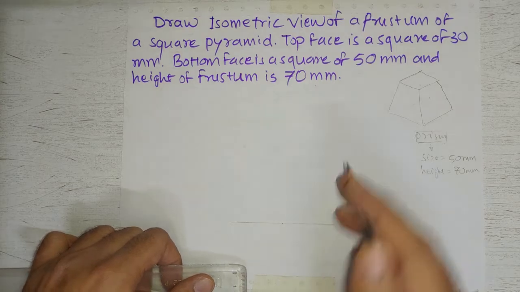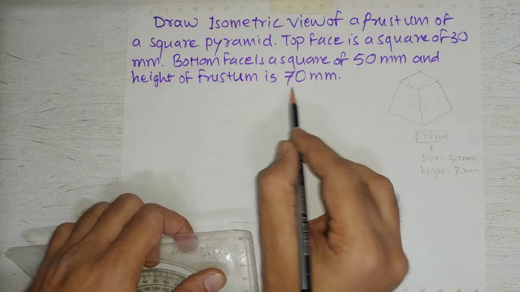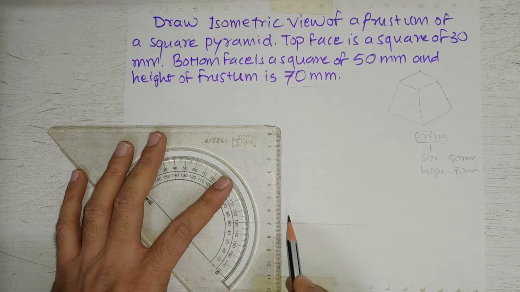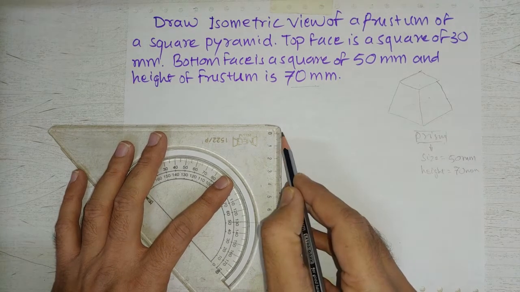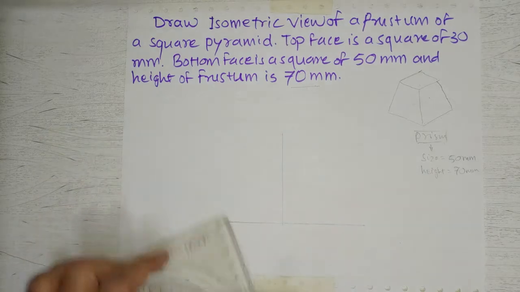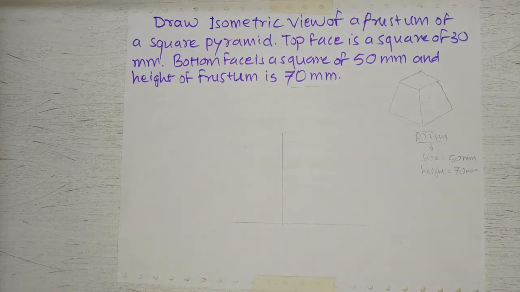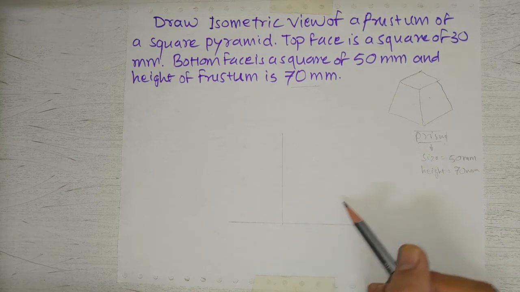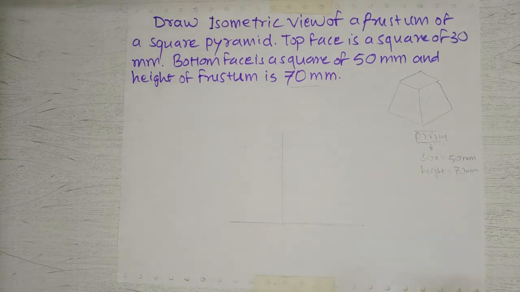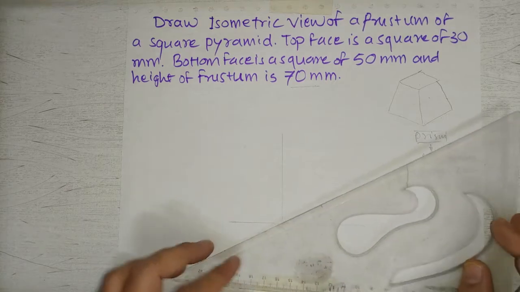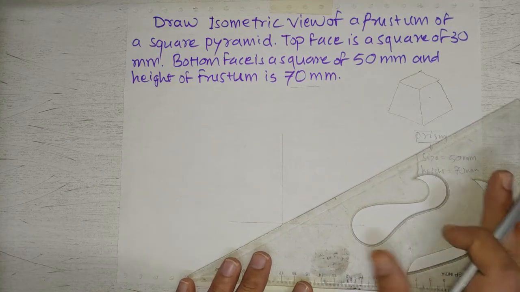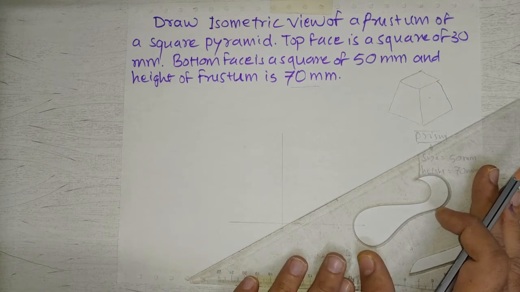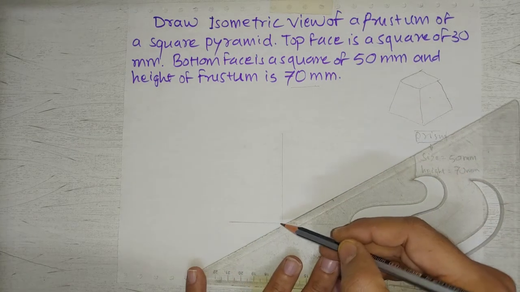So to start with, from the marked point I will draw a vertical line of 70 mm. After this we need to draw a 30-degree line, as we have understood earlier, for isometric projection or isometric drawing. So I will put my 30-degree set square over here, and I will draw a line at 30 degree.